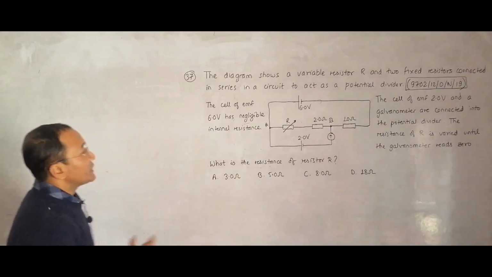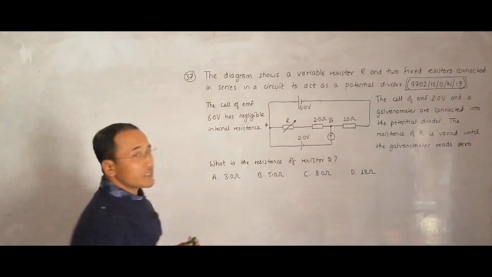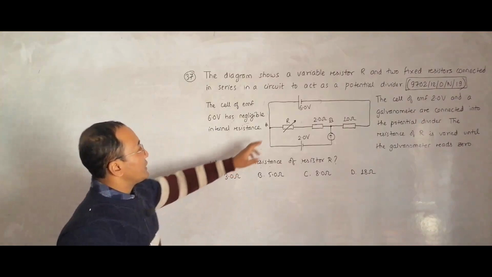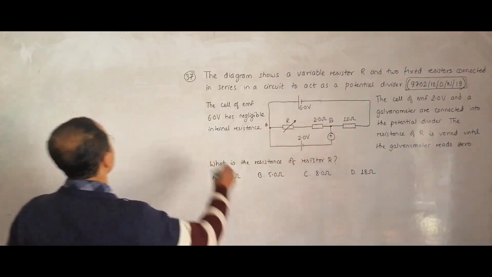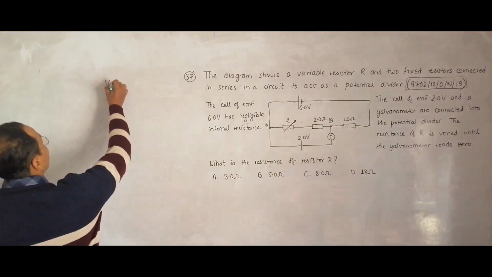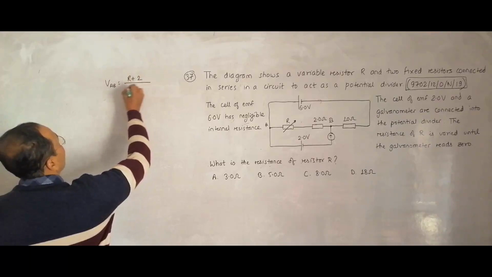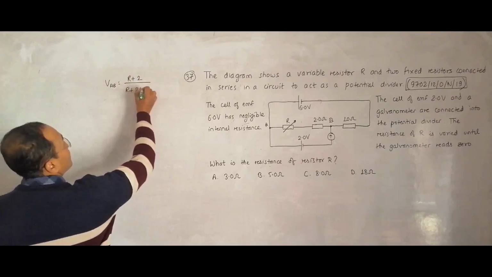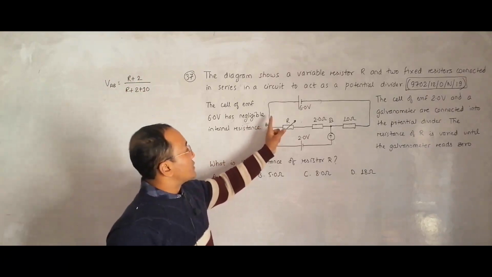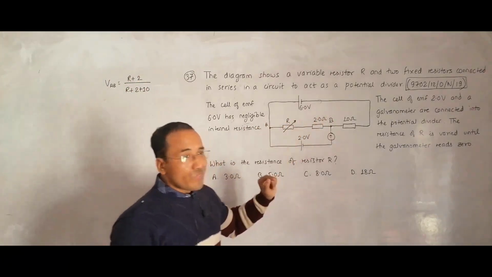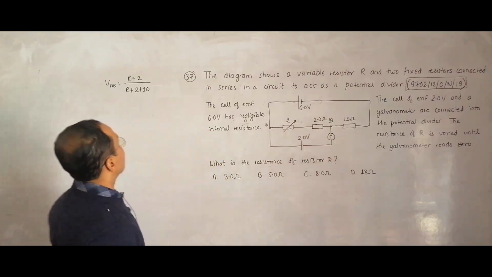So let's do it. Since these three resistors form the potential divider, if I name these two points A and B, the PD across them, VAB, should be equal to (R plus 2) divided by (R plus 2 plus 10), into the value of EMF E. First we have the resistance between A and B, which is R plus 2, then the total resistance, R plus 2 plus 10.